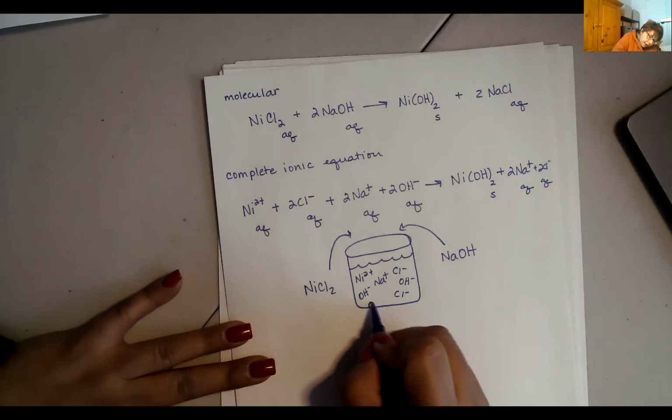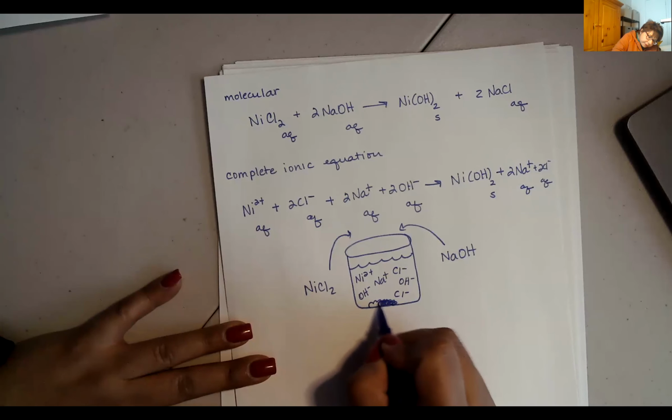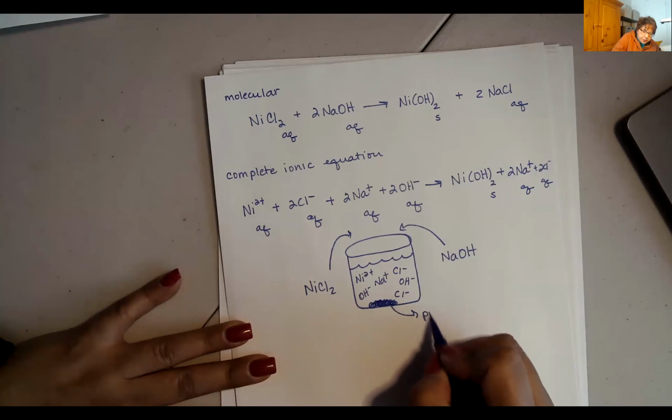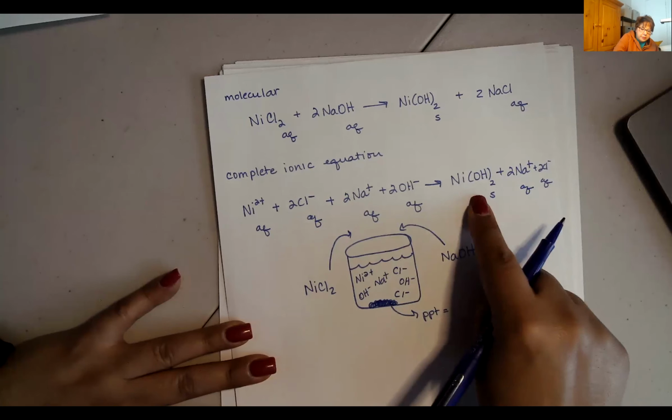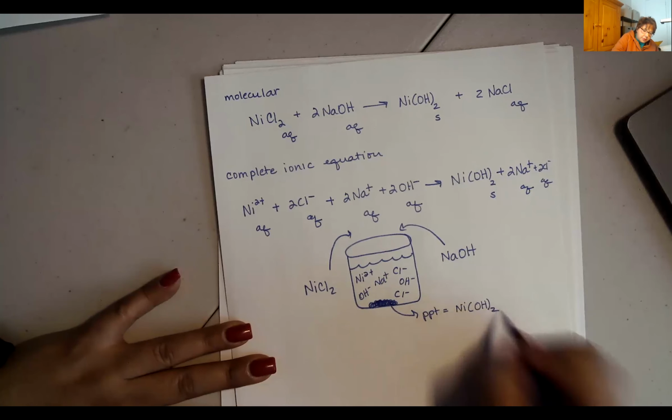Then at the bottom, I would have a little pile of a solid precipitate. And the identity of that solid precipitate would be nickel 2 hydroxide.